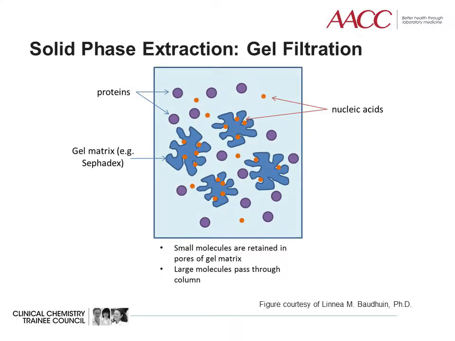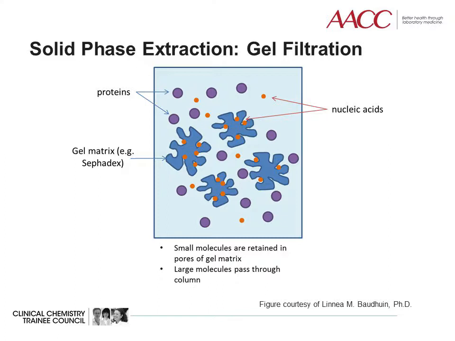In gel filtration, nucleic acid molecules can be separated by size through a gel matrix. Gel filtration usually takes place in a spin filter or column. Sephacryl, made up of cross-linked porous agarose particles, is most commonly used as a gel matrix due to its high chemical and physical stability.